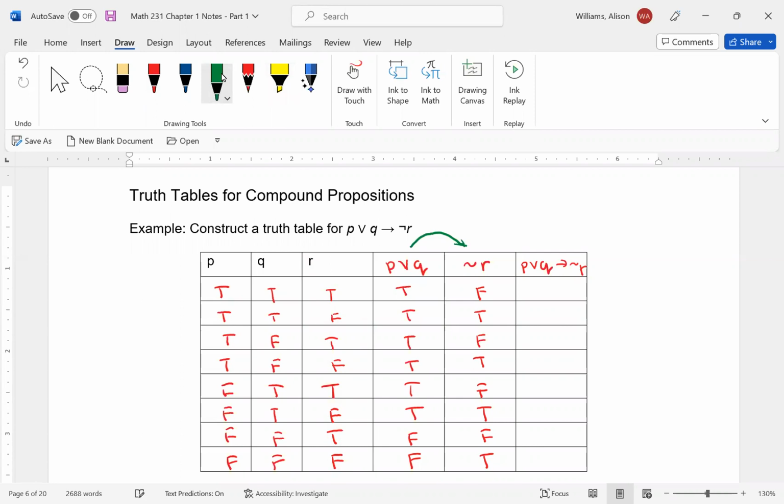So remember, the only problem we have is if we start with true and end with false. So this won't work. This one's good. Nope, that's not going to work. This one's good. Nope, not going to work. This one's good. This one's good. And that one's fine. So there we go. There's what the truth table would look like for that one.